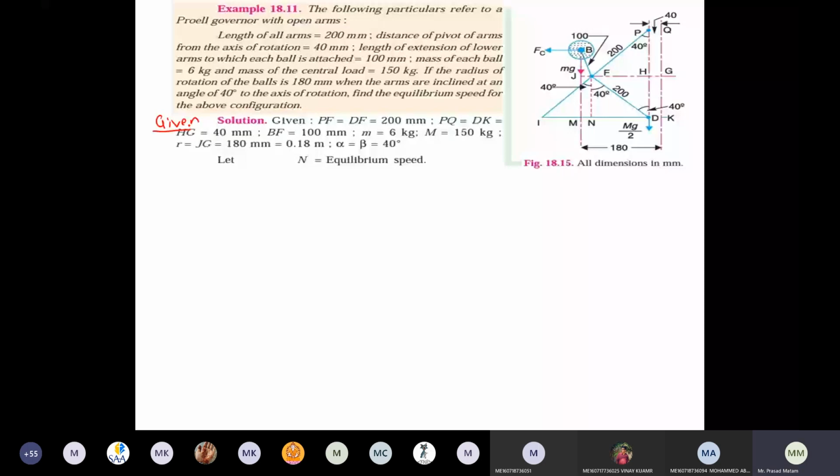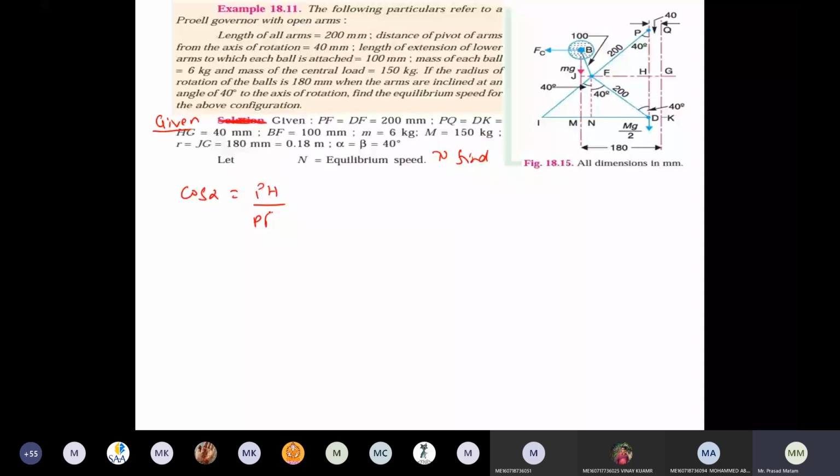Okay. Now N, the equilibrium speed, is to be found. Now how to approach? What is cos alpha from this diagram? Use trigonometric relations to write the cos alpha value. Cos alpha, I can write as PH by PF.